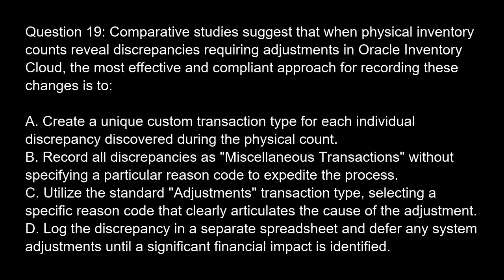Option B. Record all discrepancies as miscellaneous transactions without specifying a particular reason code to expedite the process. Option C. Utilize the standard adjustment transaction type, selecting a specific reason code that clearly articulates the cause of the adjustment. Option D. Log the discrepancy in a separate spreadsheet and defer any system adjustments until a significant financial impact is identified.